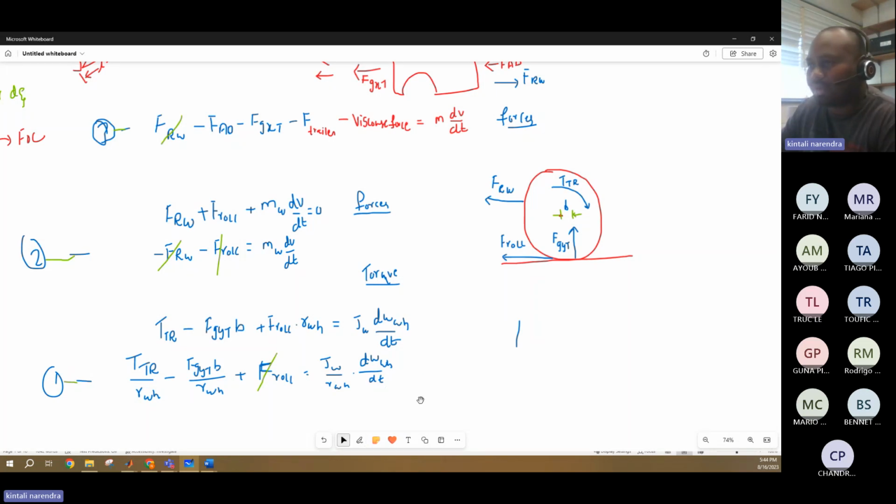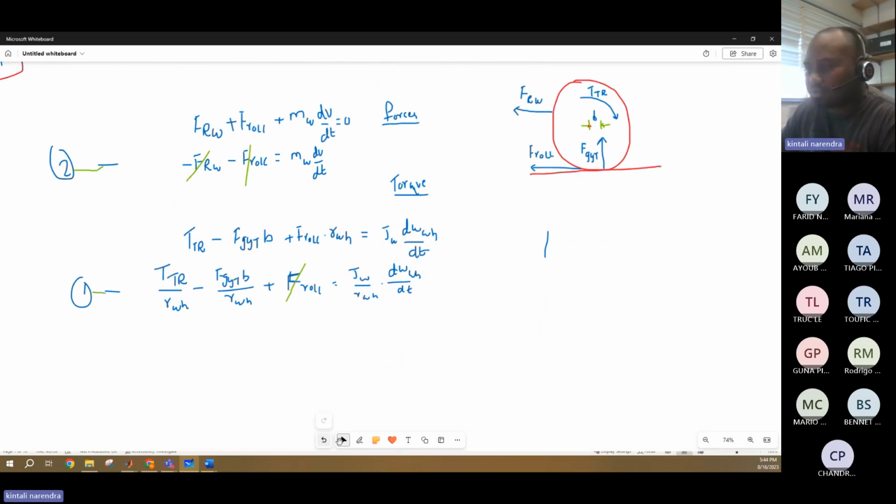Now bring the remaining terms together. This torque is converted into force, so you can write it as TTR by RWH minus FGYT into B by RWH. These two got cancelled.